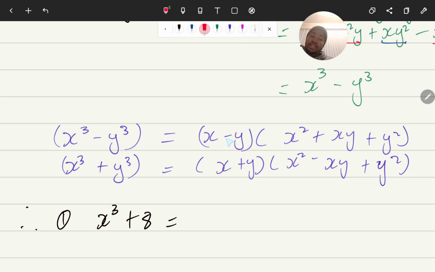The first bracket, your binomial bracket, in its structure looks exactly the same as the expression you're trying to factorize itself. So you see you have x minus y, we have x to the power of 3 minus y to the power of 3.